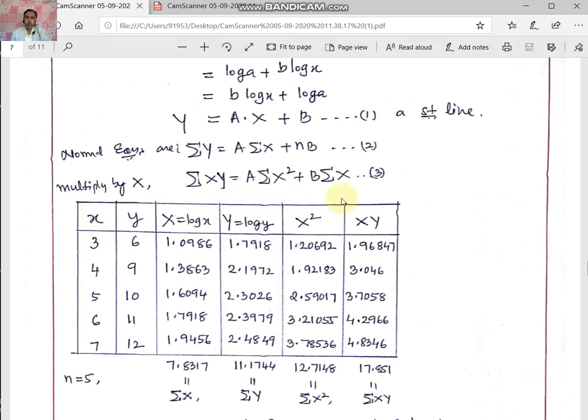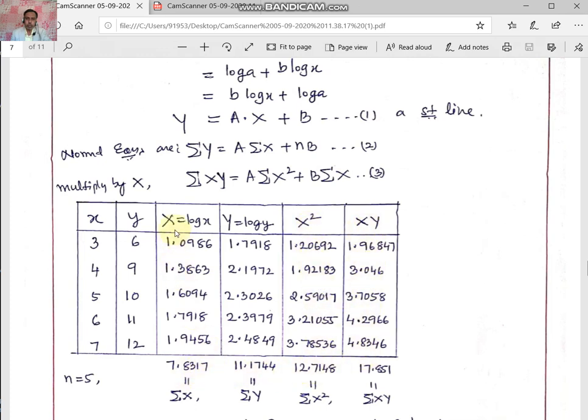So formulate the table like this. These are the given points, x values written as they are, and the y column. Then apply logarithm to all x values, and you will get capital X = log x. Similarly apply logarithm to all y values, capital Y = log y. Then square all capital X values, and take the product XY values.